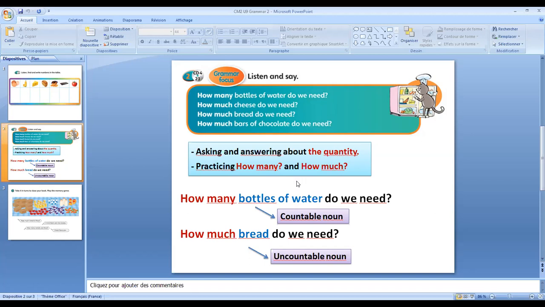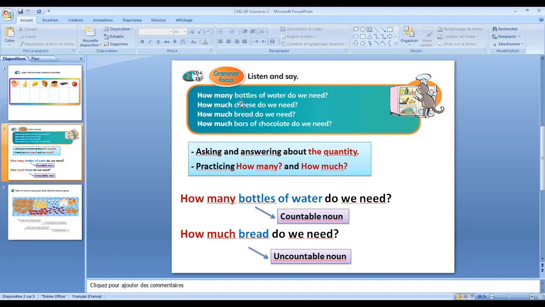الكمية. Okay, so when do we use how many and when do we use how much? In order to know when we use each of them, we have to know what we are talking about. For example, the first one, we are talking about bottles of water. In the second sentence, we are talking about cheese. So we are going to see whether these nouns are countable or uncountable.